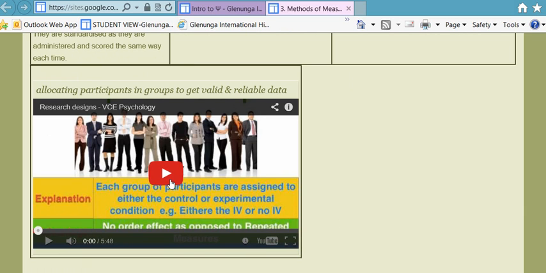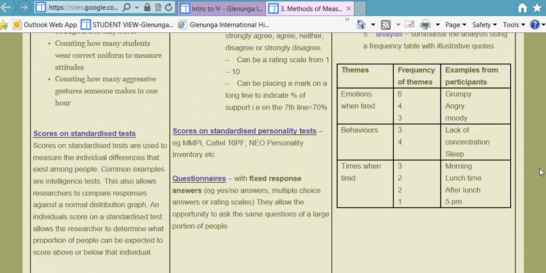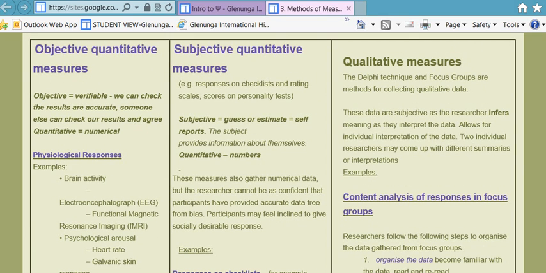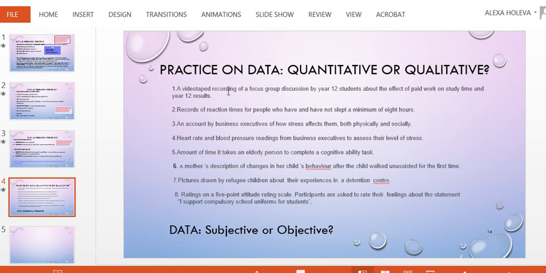I don't know if it's the best position to have it here or in the design, probably in the design, and I have it in both, but it's a good idea to go and watch it again, because it's very important to understand how the data I'm collecting, subjective, objective, are mainly related to the way I'm allocating my participants in samples. So this is done.